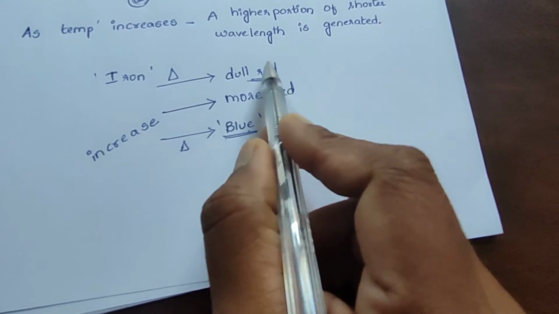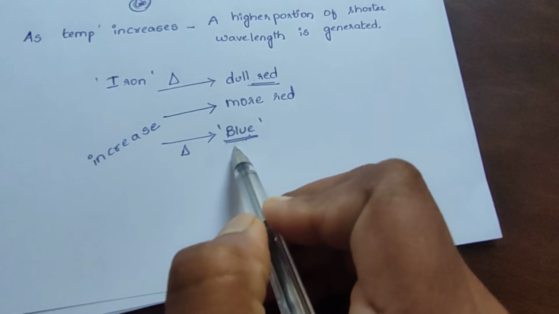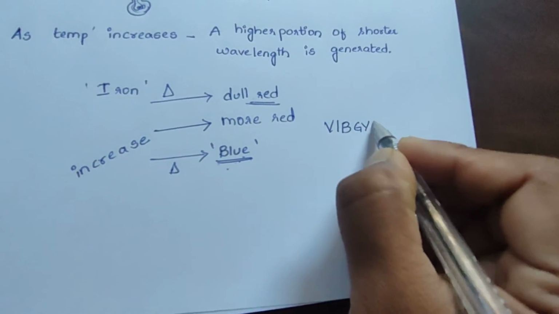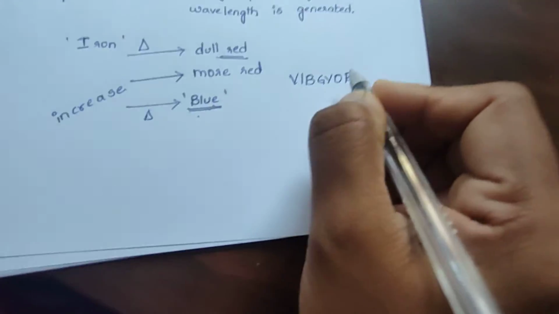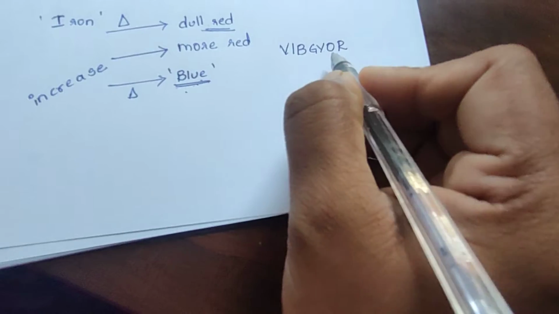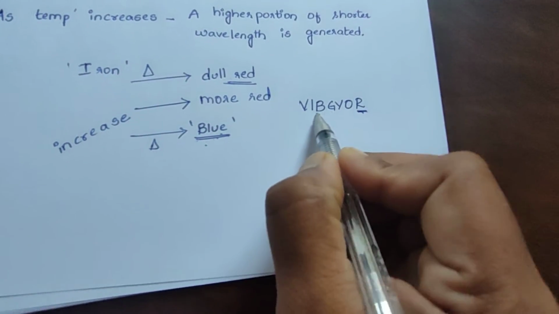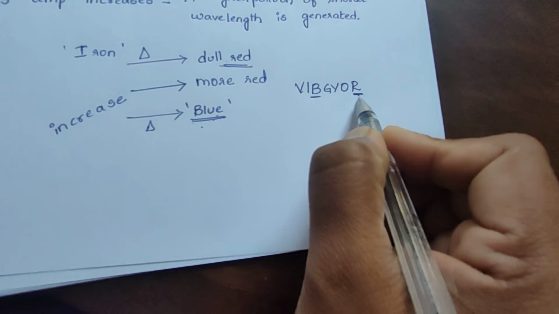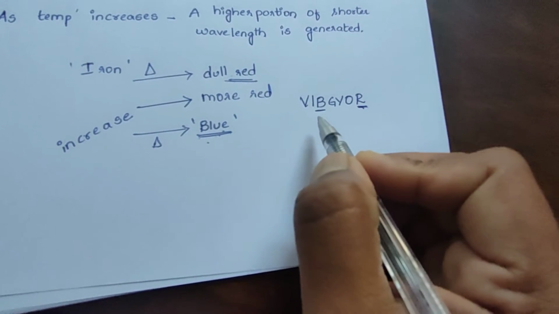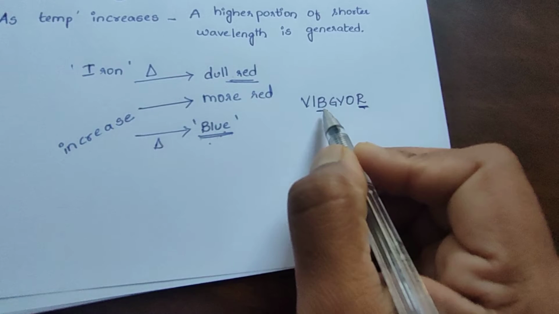In VIBGYOR, the wavelength of red light is longer than the wavelength of blue light.